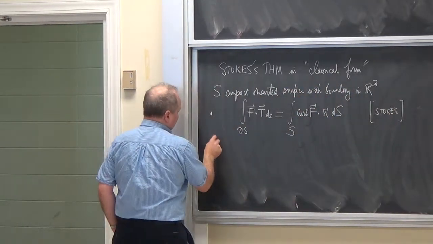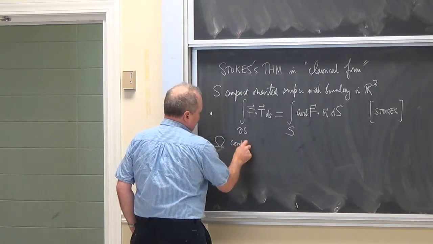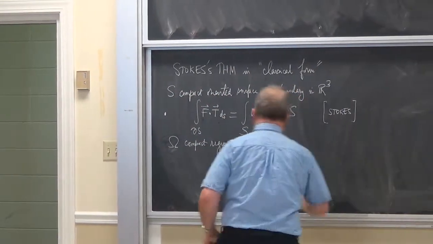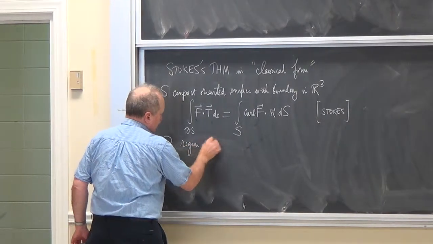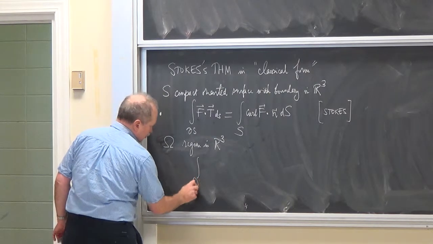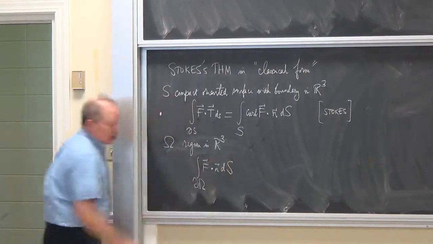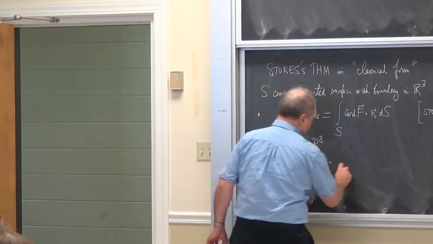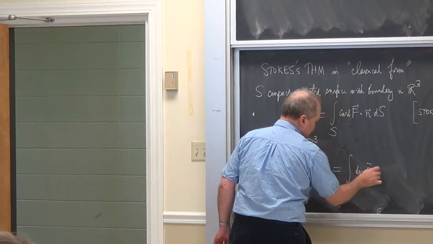And then if omega, which I called V yesterday, is a region in R3, it's already compact. Then integrating f over the boundary of that region, namely finding the flux of f across the boundary, is the integral over the region of div f, which I remind you is a scalar.